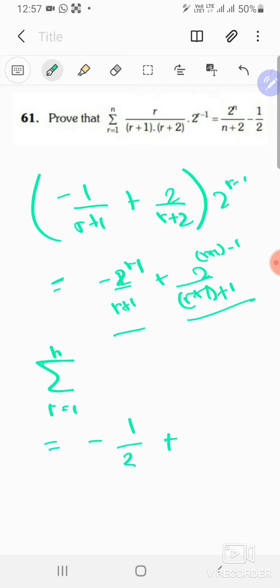Then I will put 1 in there, so that will give me 2 to the 2 minus 1, which is okay, fine. So instead of doing all this stuff, let's just write it differently.